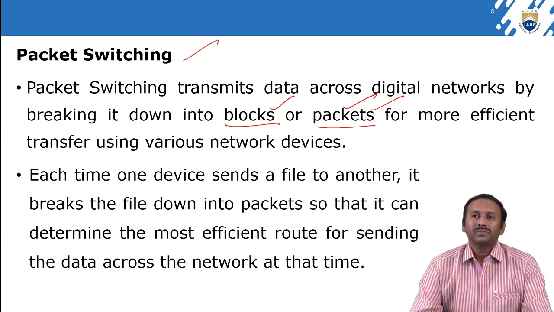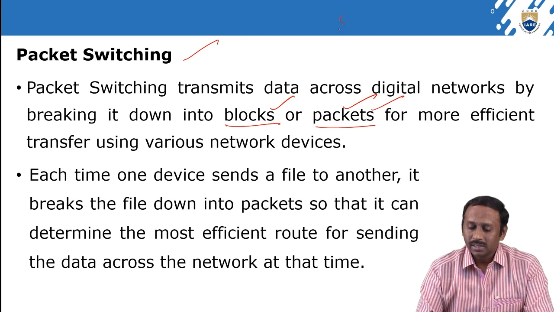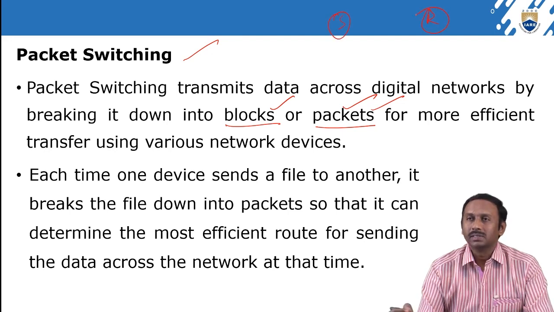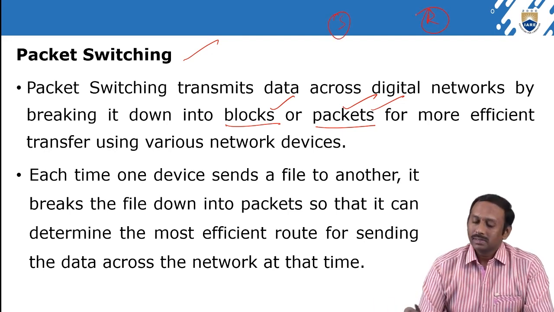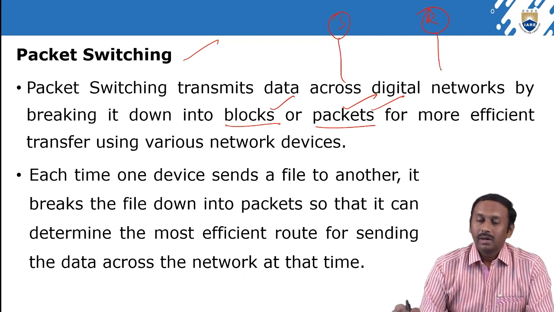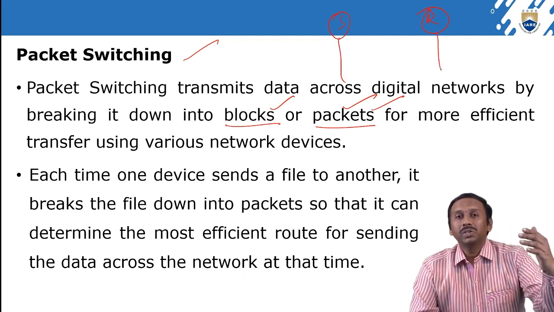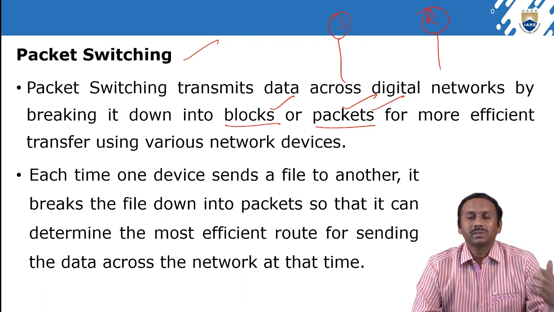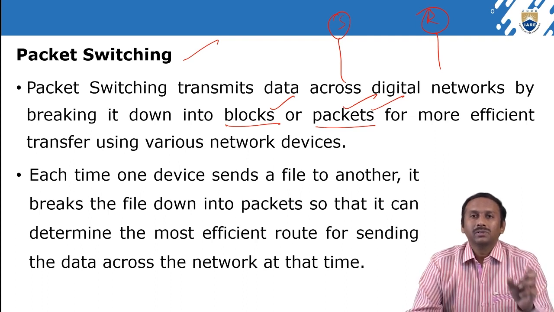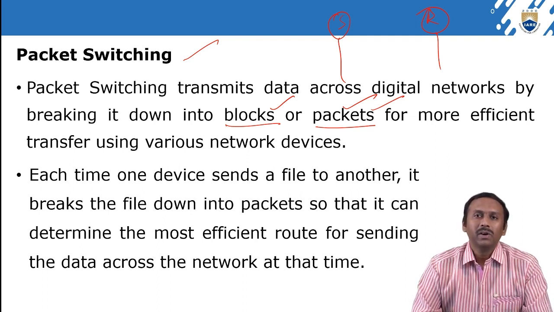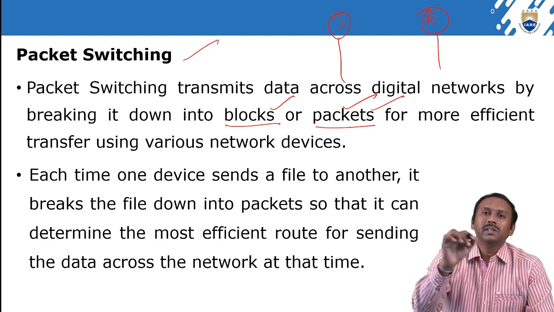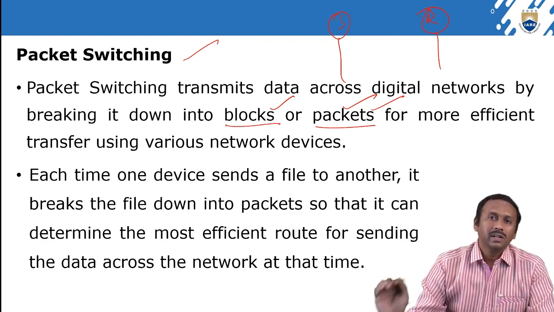So we know that there is a sender system as well as a receiver system. What will happen here? On the sender system, in the application layer, presentation layer or session layer, how does it look? The data is represented in the form of an application layer data unit, presentation layer data unit, session layer data unit.